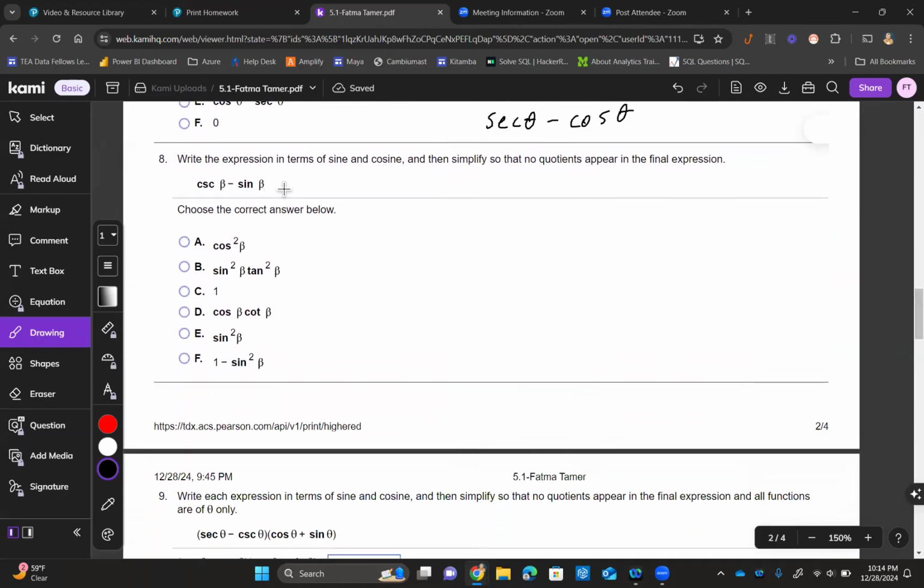Number 8 is another simplification problem. It says to write them in terms of sine and cosine first, then simplify so that no quotients appear in the final expression. So cosecant of beta can be written as 1 over sine of beta. And then there's also another sine of beta here. In order to subtract two things, they have to have the denominators matching.